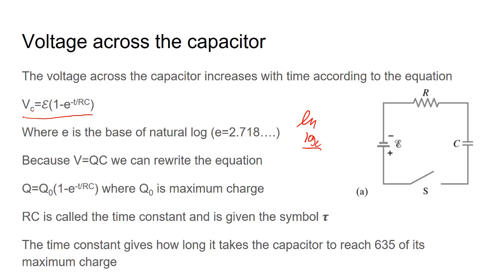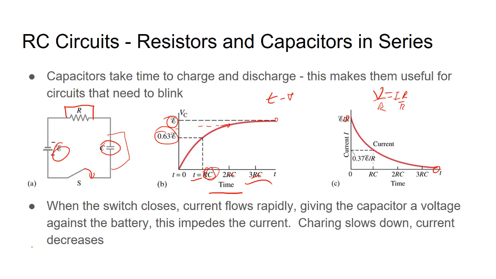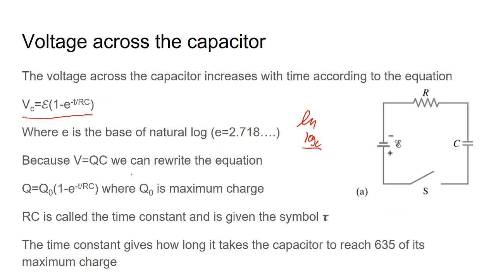This exponential equation describes this function right here, and we can rewrite that equation to get it in terms of charge. So the maximum charge on the capacitor times this factor gives us the charge at some time t, and this RC constant just depends on the circuit, on the capacitance and the resistance in there.